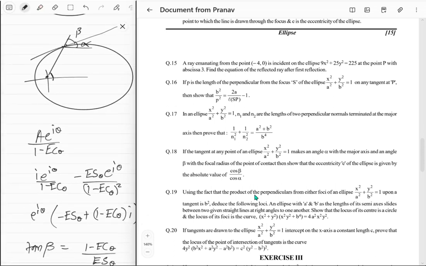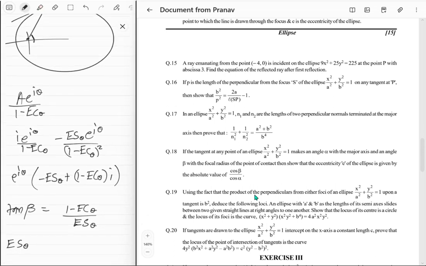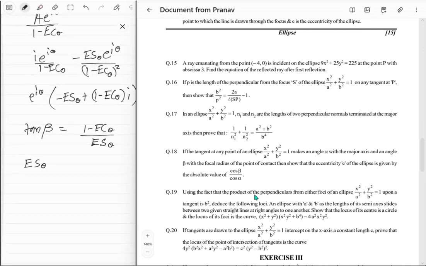But this whole thing would be interesting, very interesting. So theta is equal to alpha plus beta, just put that in there. Let's see what this turns out to be.